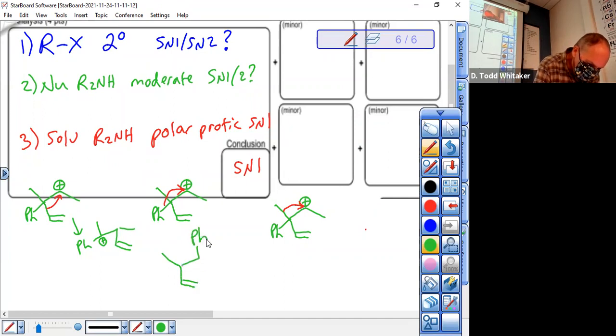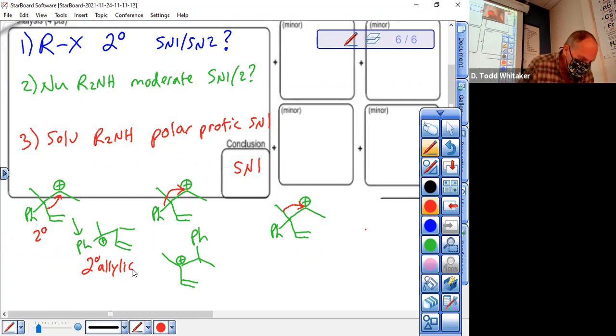Phenyl's up here now. So we went from garden variety secondary. He says secondary and he draws tertiary. Weird. Secondary to secondary allylic. Which of those two is better? By 1.5 degrees.